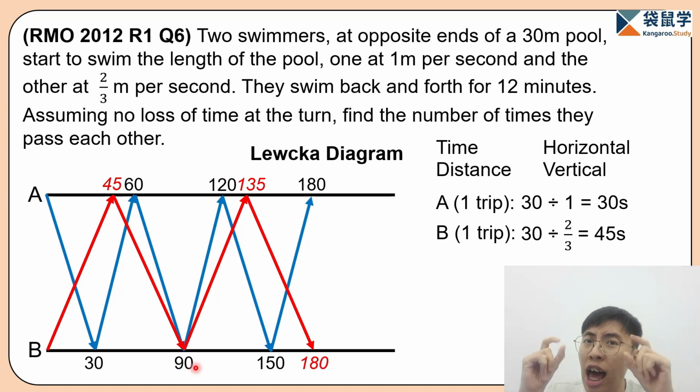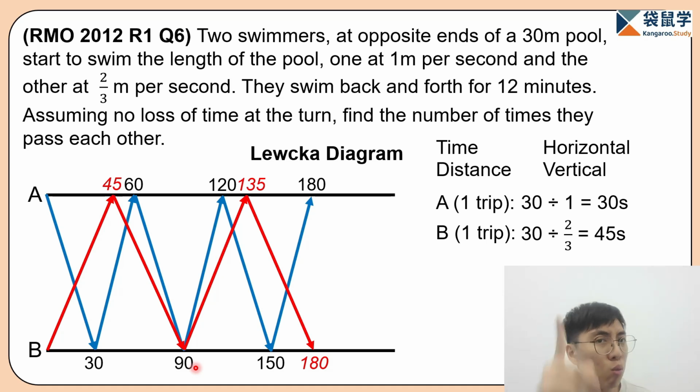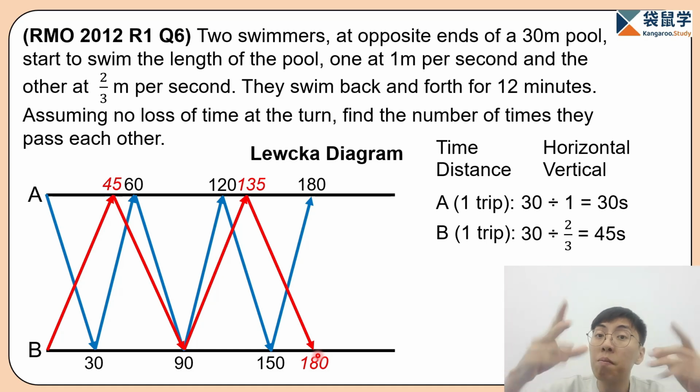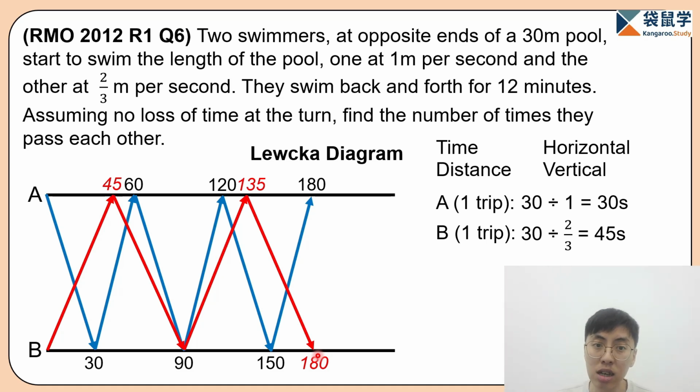It is just the LCM of both 60 and 90, which is represented in this diagram to be 180. At 180 seconds, A is back to his side, B is also back to his side. So essentially, we are restarting the entire process.